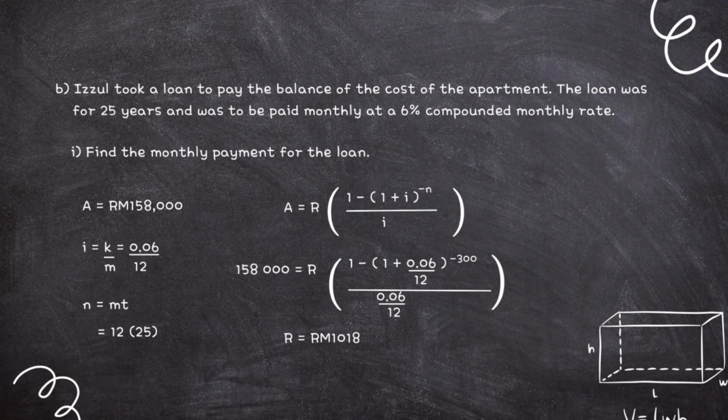So we will use all the information that we got earlier to fill this formula, and it will be 158,000 equals R times (1 minus (1 plus 0.06 divided by 12)^(-300)) divided by 0.06 divided by 12, and R equals 1018.